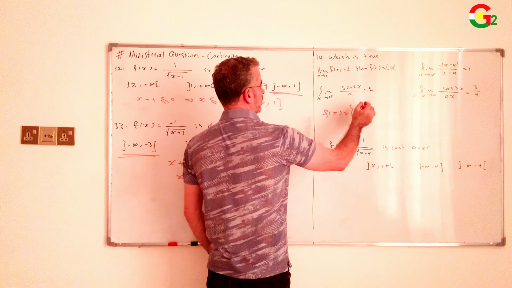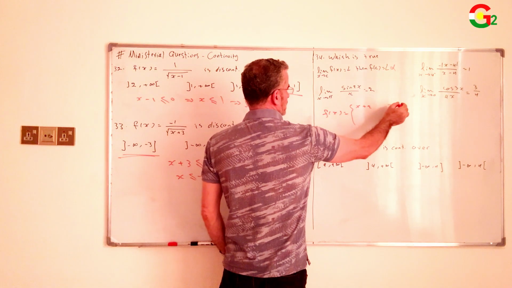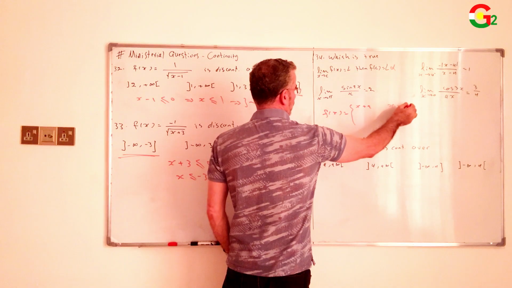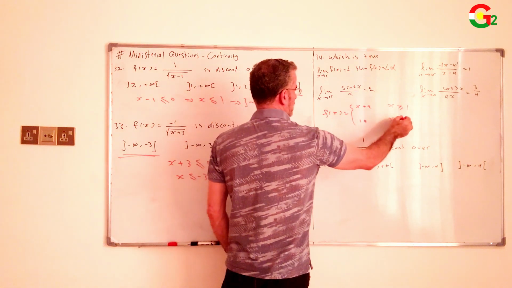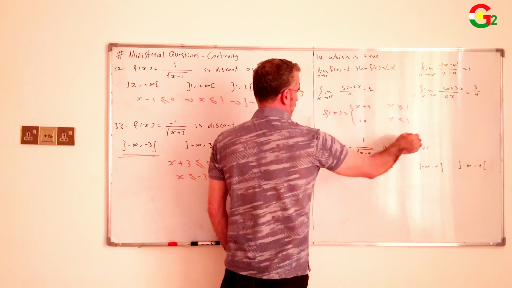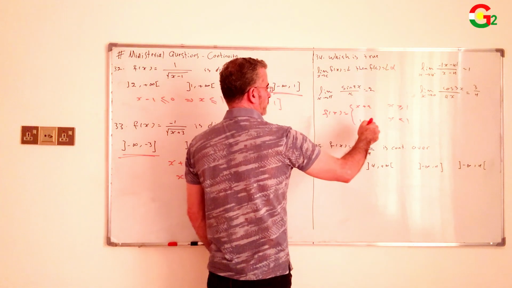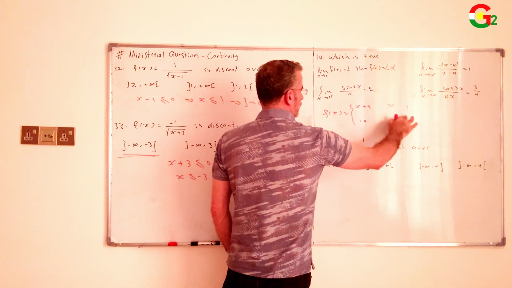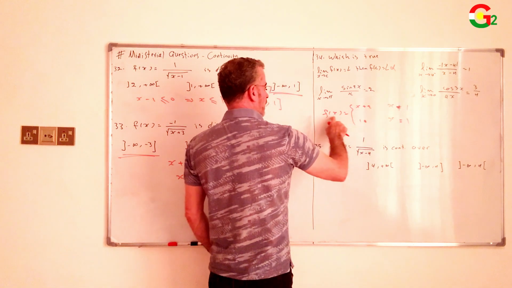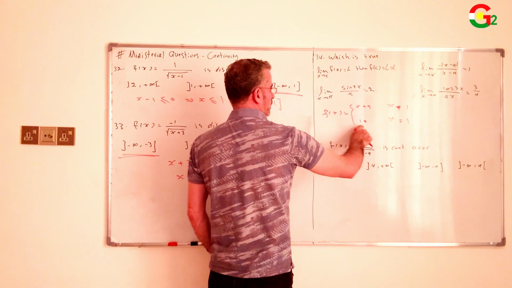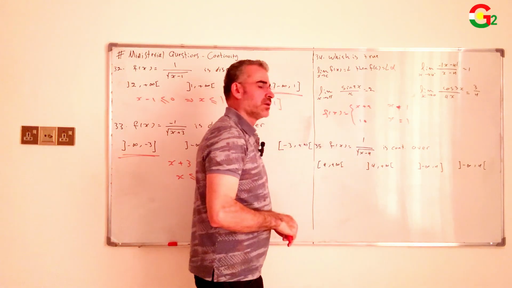For example, x plus 2 when x is greater than or equal to 1, and 10 when x is less than 1. Then f of 1 is 10, but the limit as x approaches 1 is 3.